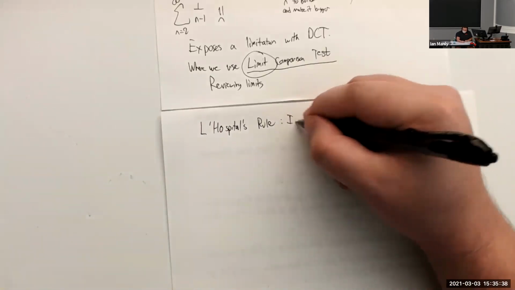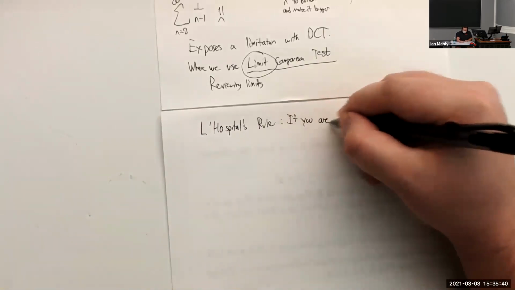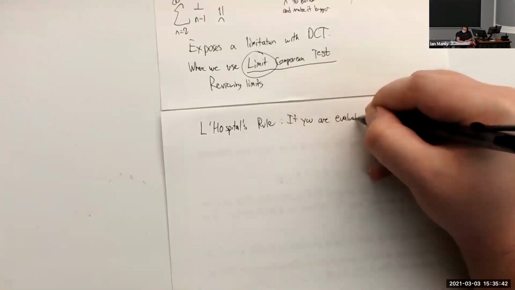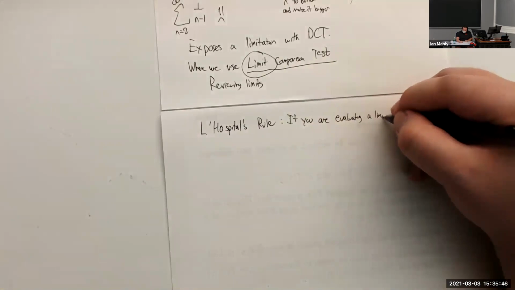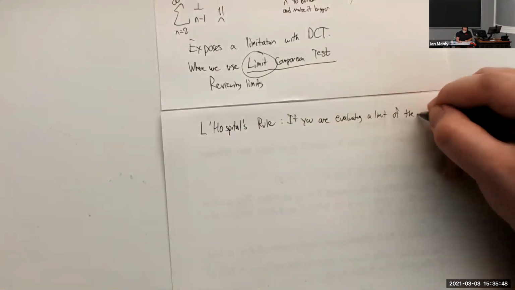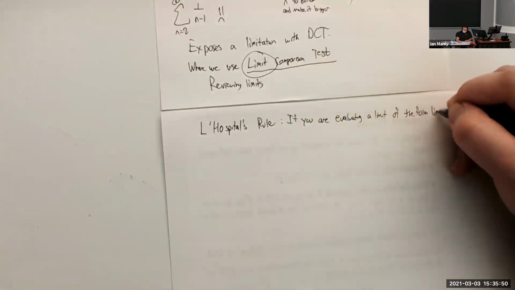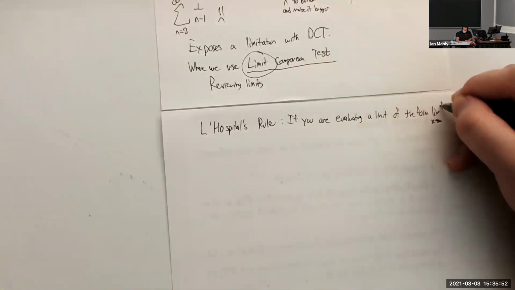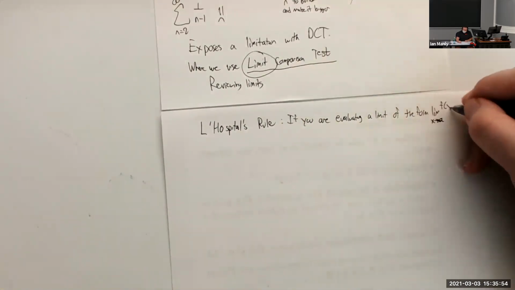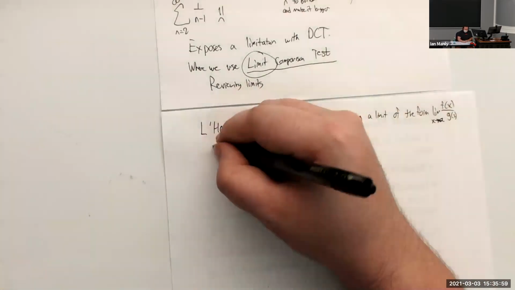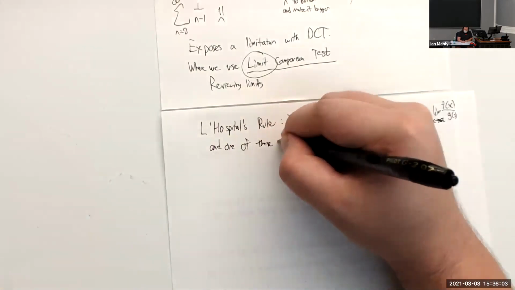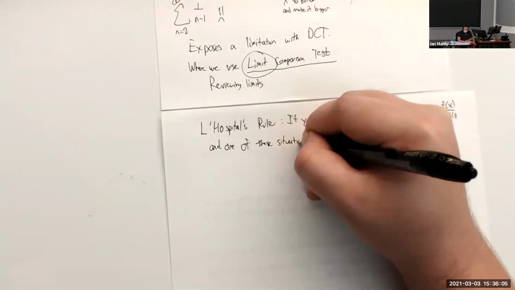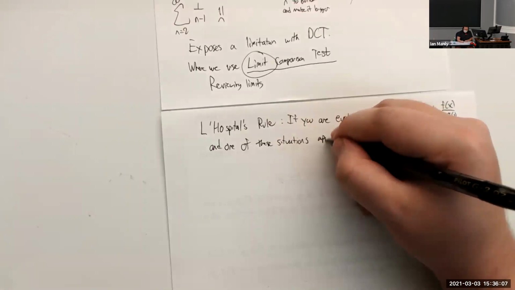So if you are evaluating a limit of the form, limit as x goes to a of f of x over g of x, and one of these situations applies.